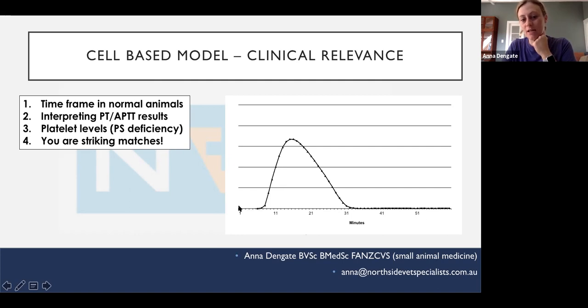So I've struck the match here, and then I've got all of these factories being built in this time, or all of the ingredients being activated in this time. And as soon as we get our factory built, you can see the amount of clot forming goes up exponentially. It happens really fast. So over the course of about 5 minutes, we get maximum clot formation. And then we turn a corner and start getting clot breakdown again. Now, obviously, this is dependent on the size of the injury.